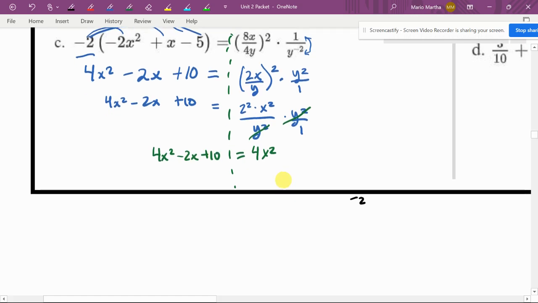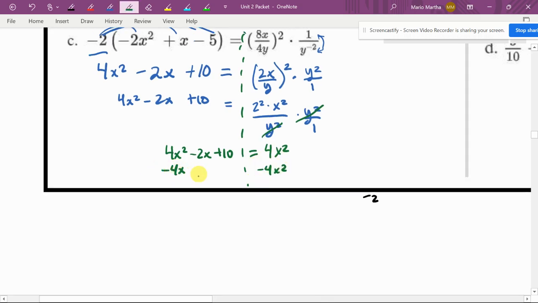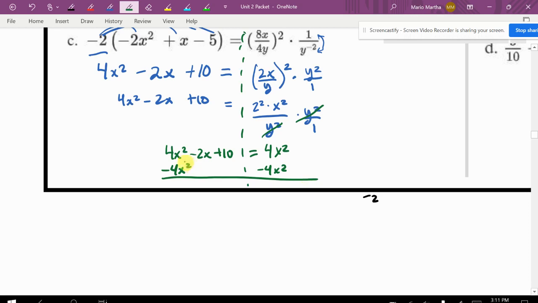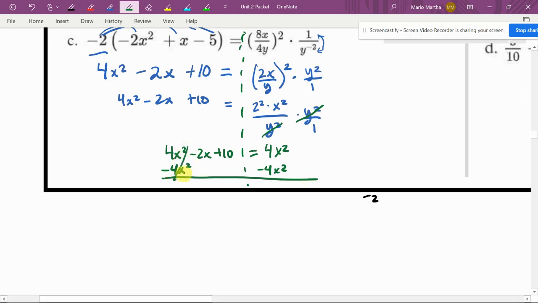So here, again, we want to take our steps. We want to subtract 4x² from both sides. And then when that happens, you have 4x² − 4x², which is 0. So −2x + 10 equals 4x² − 4x², which is again 0. Make sure you write it that time.